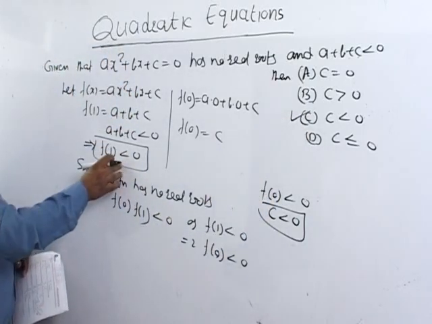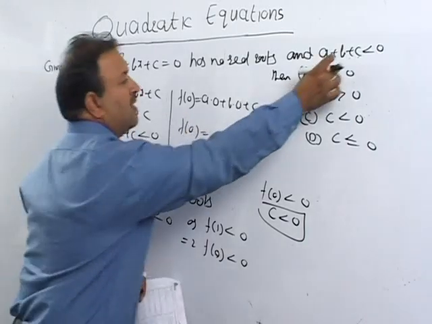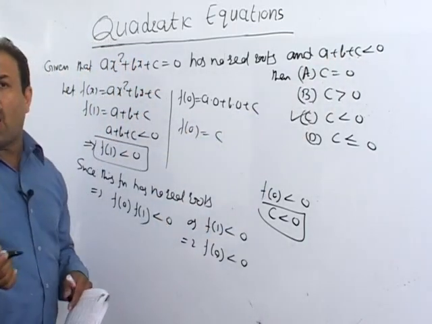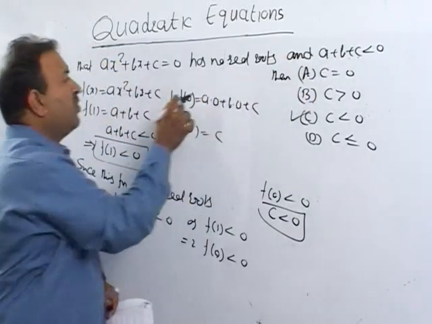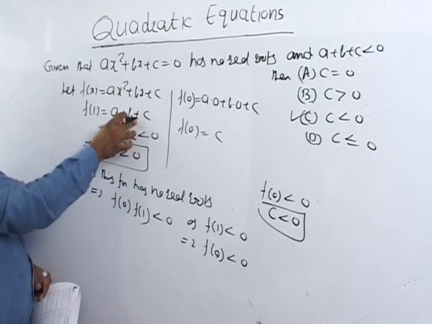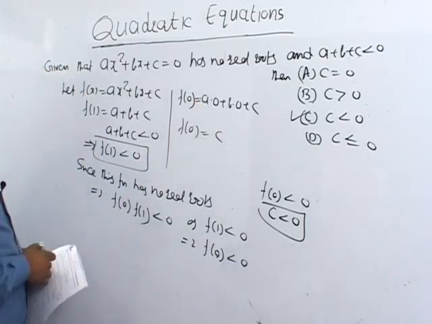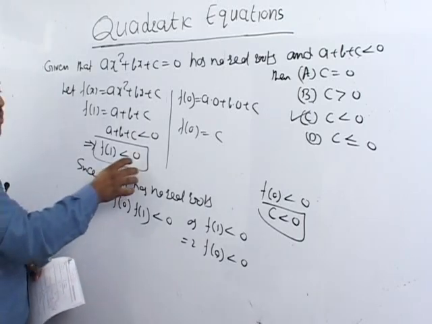Once again, in this question we have not been given how to get a plus b plus c. We have to think how to use this condition, and we should know it. If we take f1, we'll get a plus b plus c. To get c, we get f0. So I find out this equation does not have real roots.